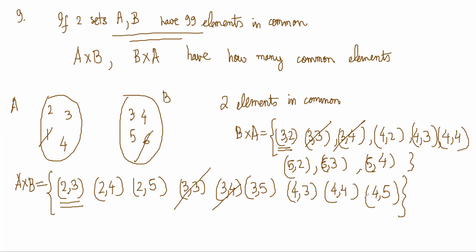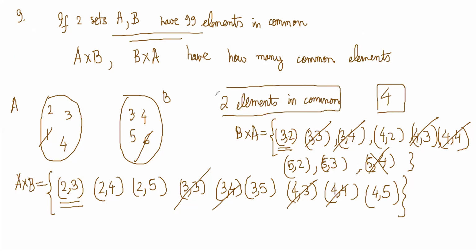No. 4 3 is there, 4 4 is there. 5 2, 5 3 and 5 4 are not there. So there are 4 common elements. A and B had 2 elements in common, and A cross B and B cross A had 4 elements in common. That quickly gives you the idea of what will happen.